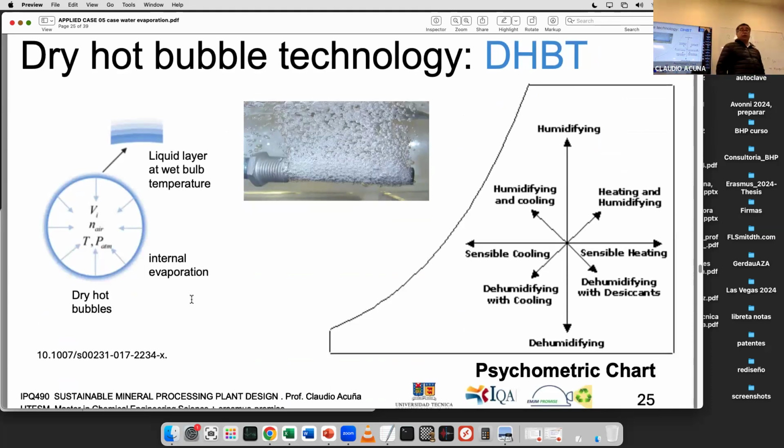We introduce air bubbles, but these air bubbles are dry and also hot. Why do we need it hot? Because as you increase the temperature, the air has more capacity to retain water. If you have this air here, you can have 30 grams of water per kilogram of air.